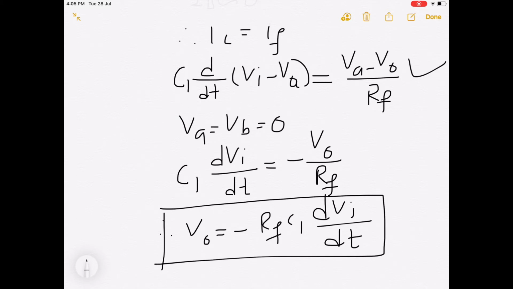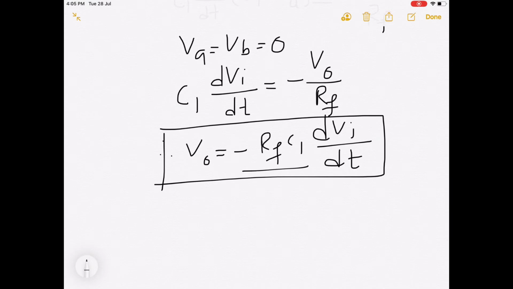It is the derivative of the input voltage, or the rate at which a signal varies with time. Thus the output voltage Vo is equal to Rf C1 times the negative instantaneous rate of change of input voltage Vi with respect to time.